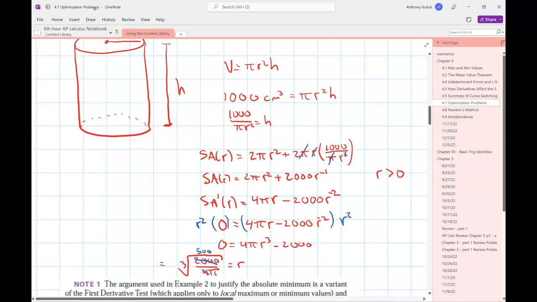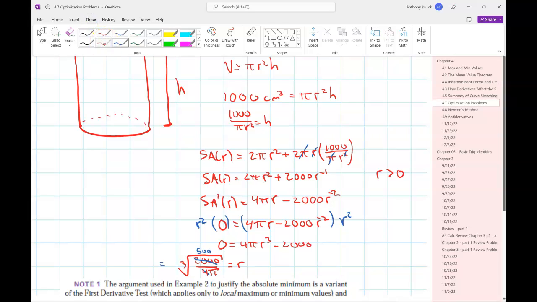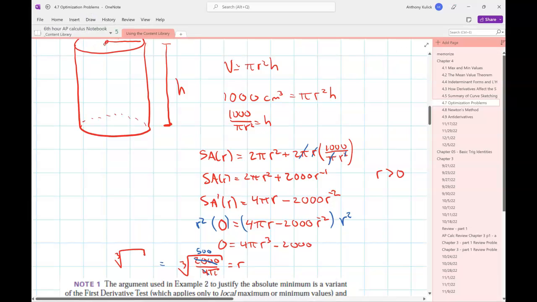So we got here the cube root of 500 over pi centimeters. So that's my value for R. That's my only critical value.